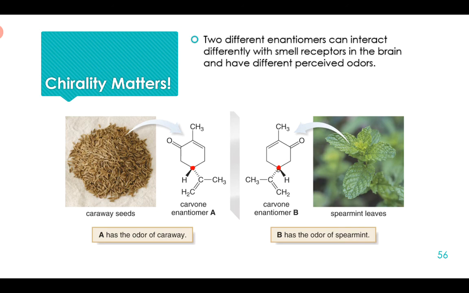You can see that that's going from behind the plane of the board. These are not mirror images of one another. So these are a pair of enantiomers. They are mirror images, but they are not superimposable on one another. So since they are enantiomers of one another, they do not have the same response in your body.